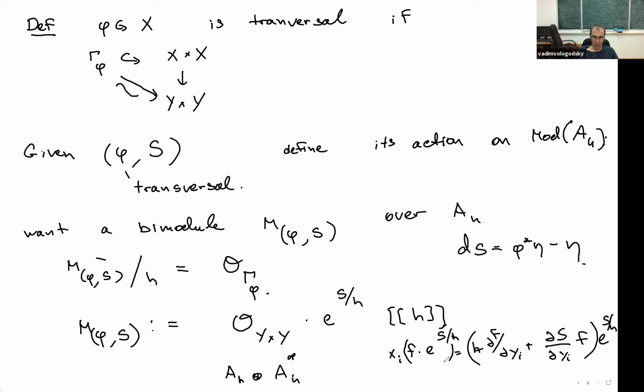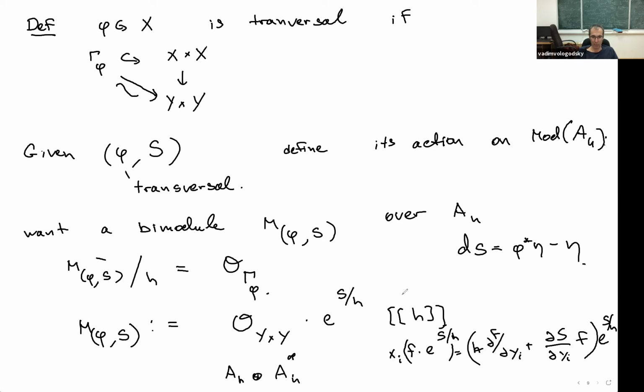So again, for at least transversal elements of my group of symplectic automorphisms of X, I constructed a bimodule. So I constructed an endofunctor of my category. That's not enough.